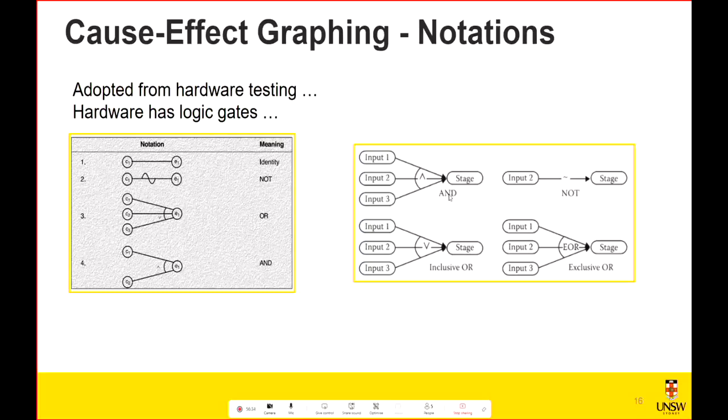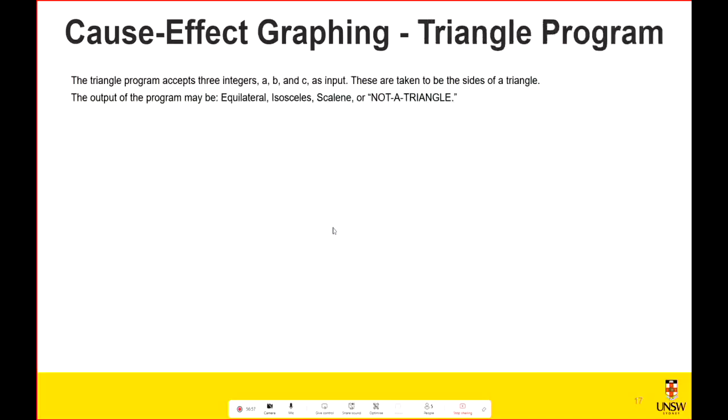So basically the AND gate, NOT gate, OR gate or XOR gate. XOR means either one of them could be true, but not all of them can be true. So this is XOR. So those are the basic notations of cause effect graph.